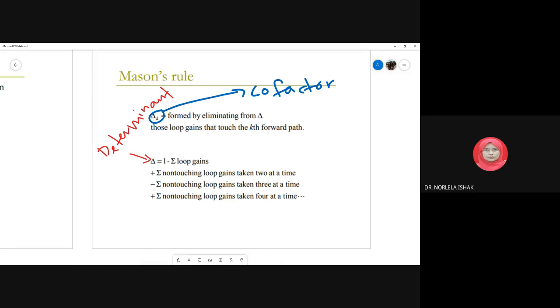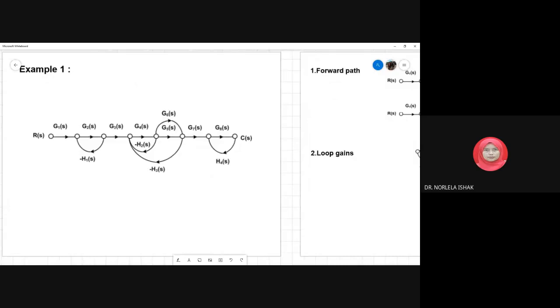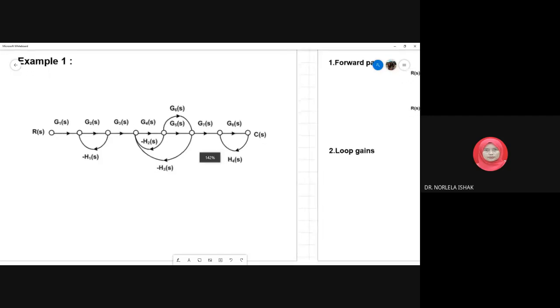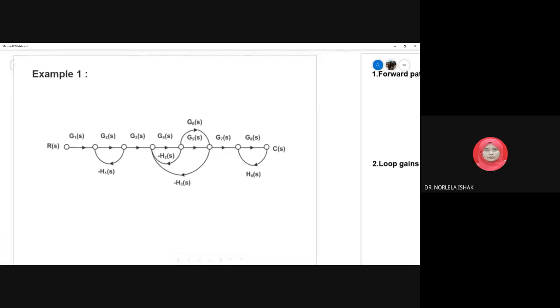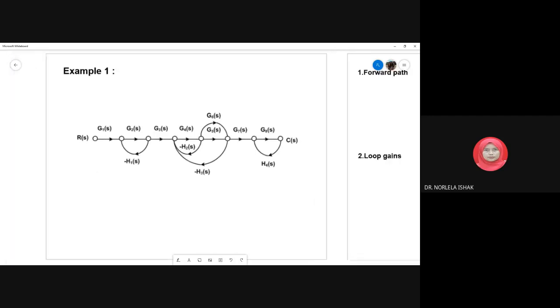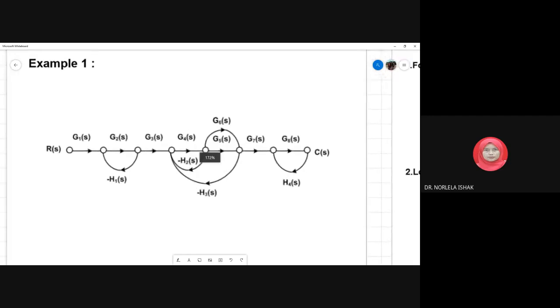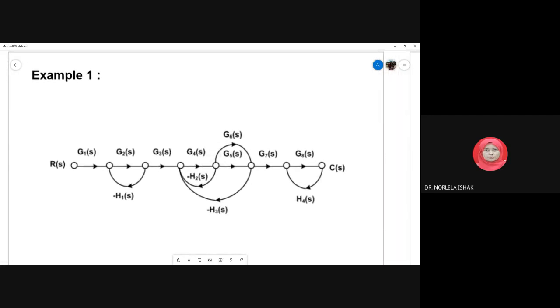So how to define the loop gain? Let's say from this example, forward paths. Which one is a forward path? Class, can you tell me what the element for a forward path is?